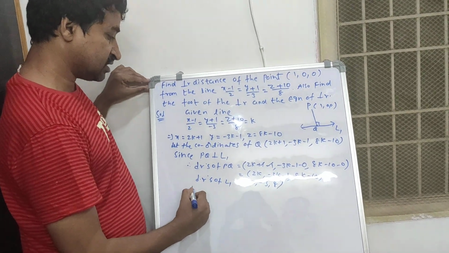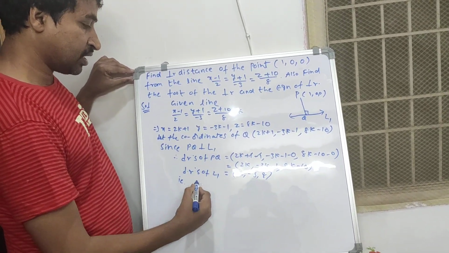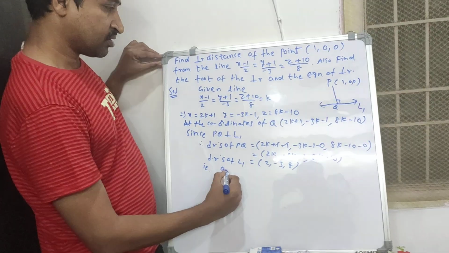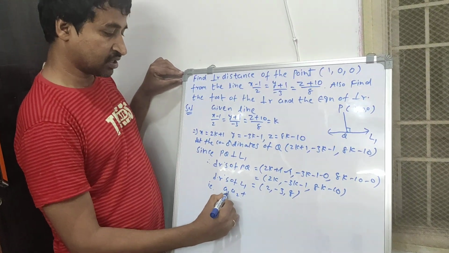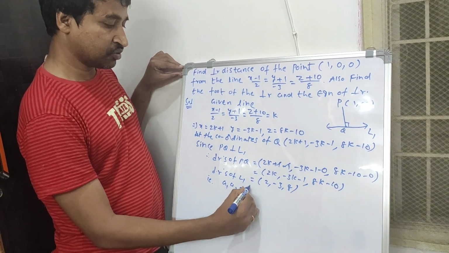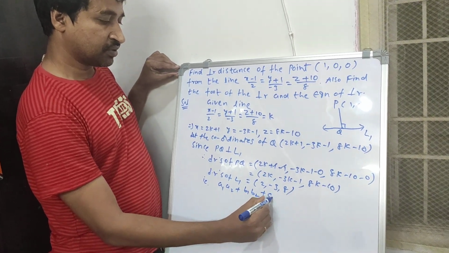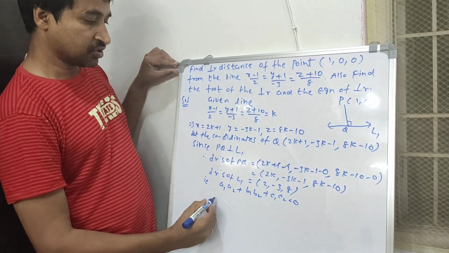Therefore, since PQ is perpendicular to L1, the condition for perpendicularity of two lines is that the sum of products of the direction ratios, a1a2 plus b1b2 plus c1c2, is equal to 0.